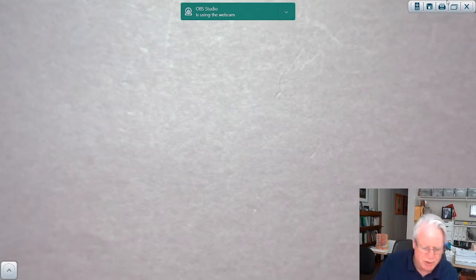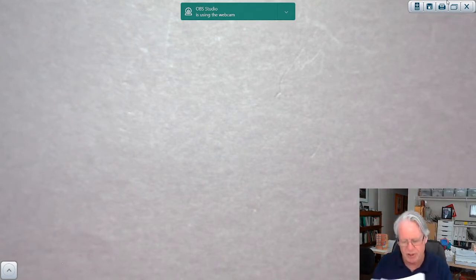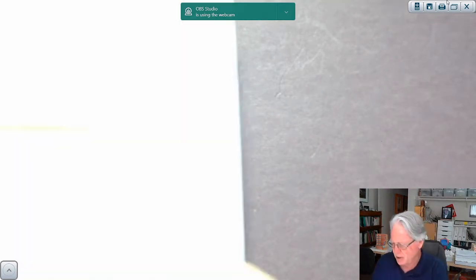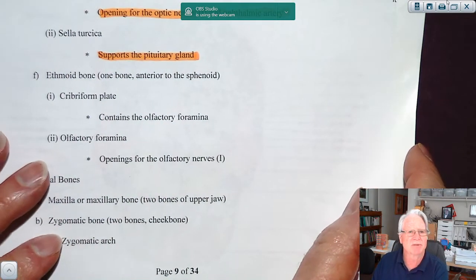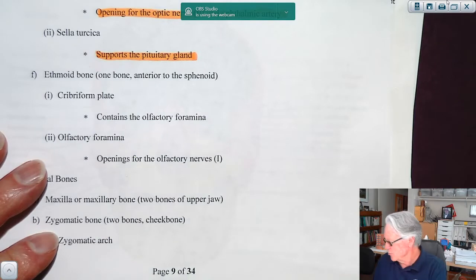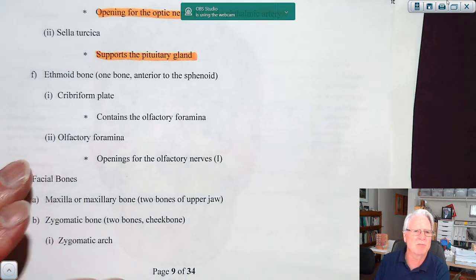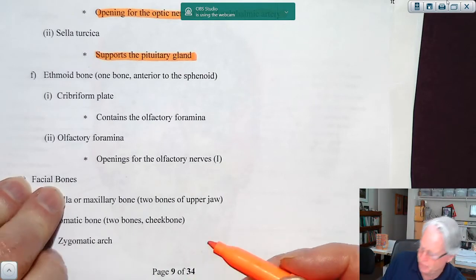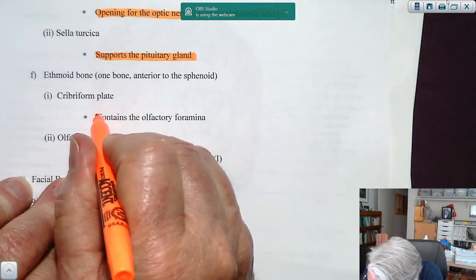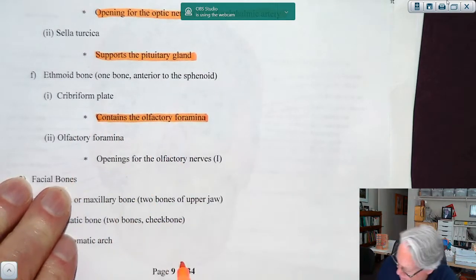One more bone that is considered to be a cranial bone. And here we are. That's going to be the ethmoid bone. And we're going to find a structure called the cribriform plate, which contains the olfactory foramina. The cribriform plate. Okay.